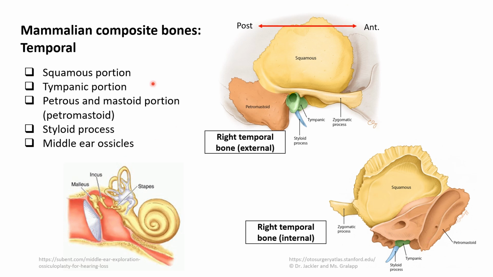The squamous portion is that broad, flat plate on the side of your skull. It is homologous to the squamosal bone of other tetrapods. The squamous portion forms partly the zygomatic arch. The tympanic portion houses the middle ear cavity and bears the external ear canal.